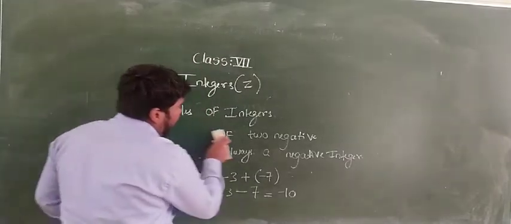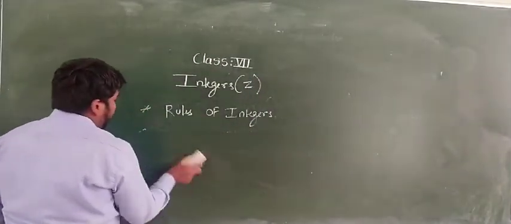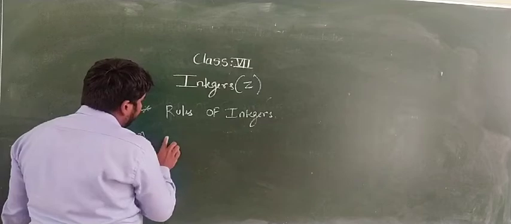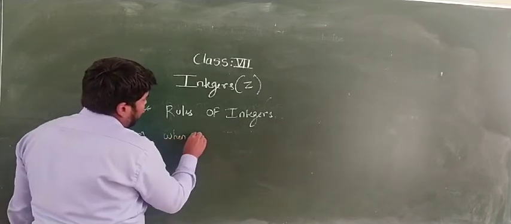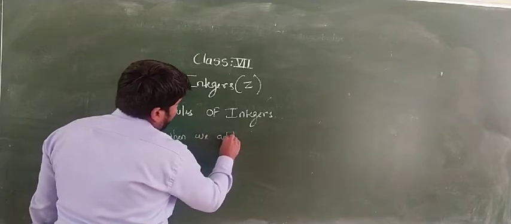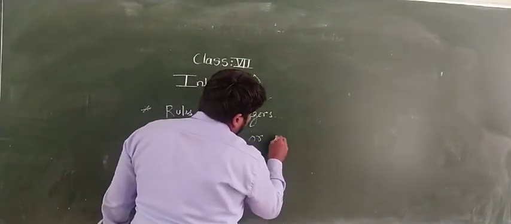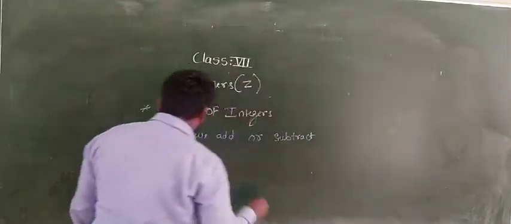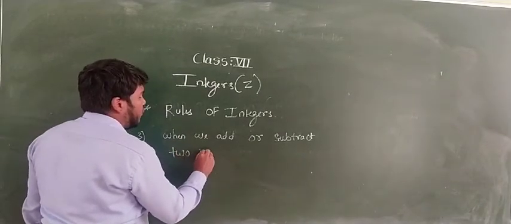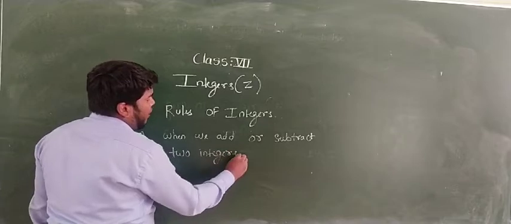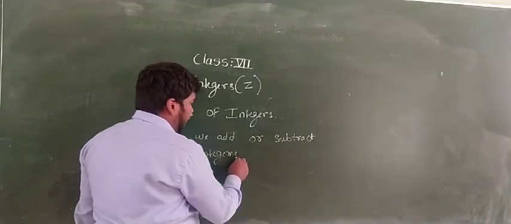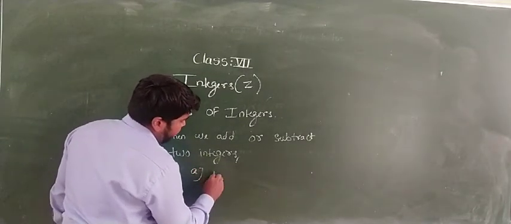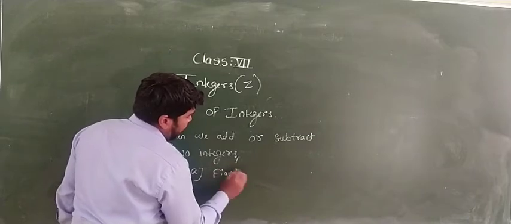Okay. So rule 3. What does rule 3 say? When we add or subtract two integers, first we add the numbers.